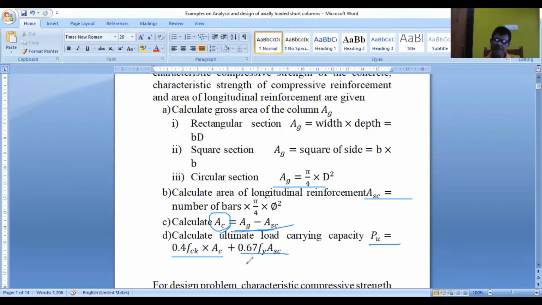Minimum eccentricity is equal to the unsupported length by 500 plus the lateral dimension by 30. If that criterion is satisfied, then you can directly find out the load carrying capacity. Sometimes the eccentricity may not be given, so you may assume the minimum eccentricity and then calculate the value of the load carrying capacity of the column.